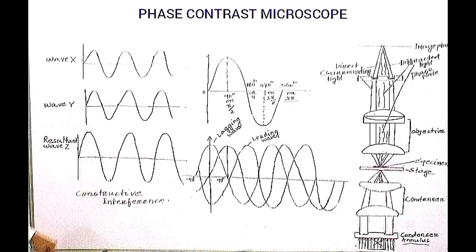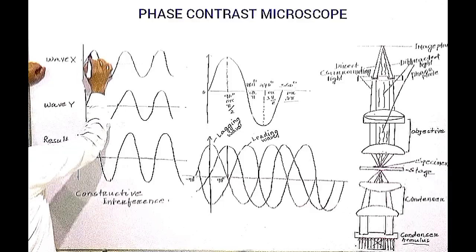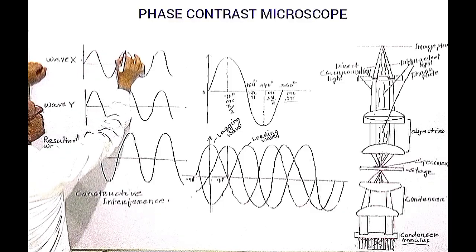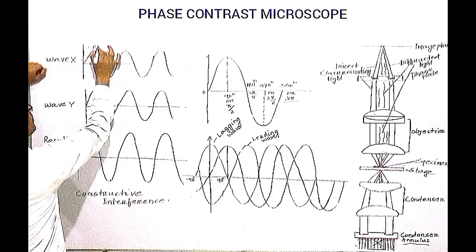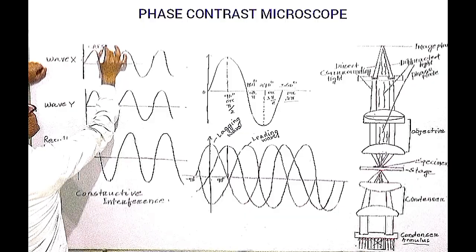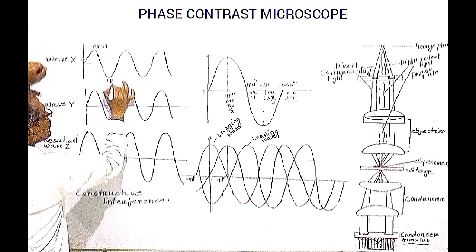This figure illustrates constructive interference. These are the two waves X and Y, and the upper points are known as crests and the lower points are known as troughs.